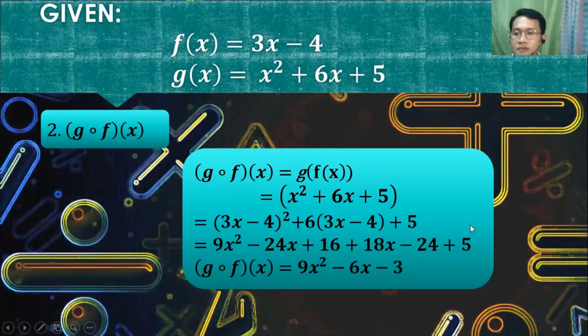Now, we have constant numbers, which are 16, negative 24, and positive 5. So you do it first like this: positive 16 minus 24, and then plus 5.